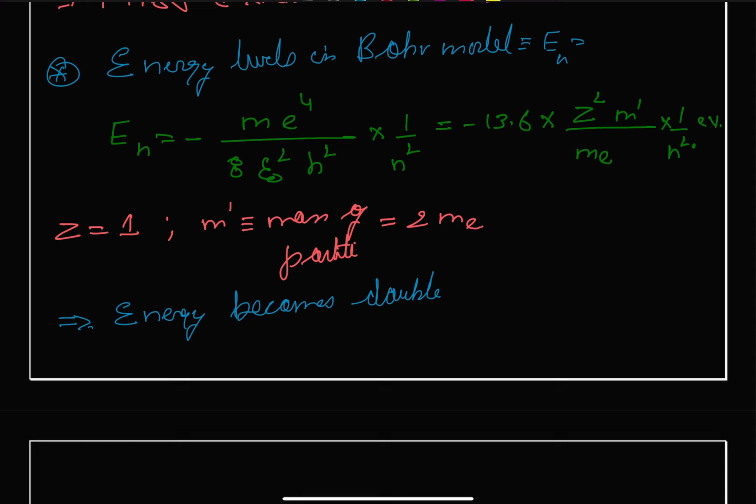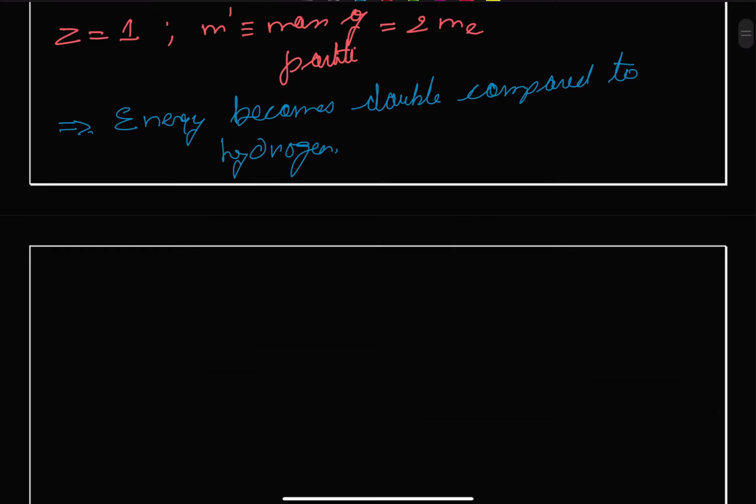Double compared to hydrogen. And therefore, based on this, we can find out the modified Rydberg constant.